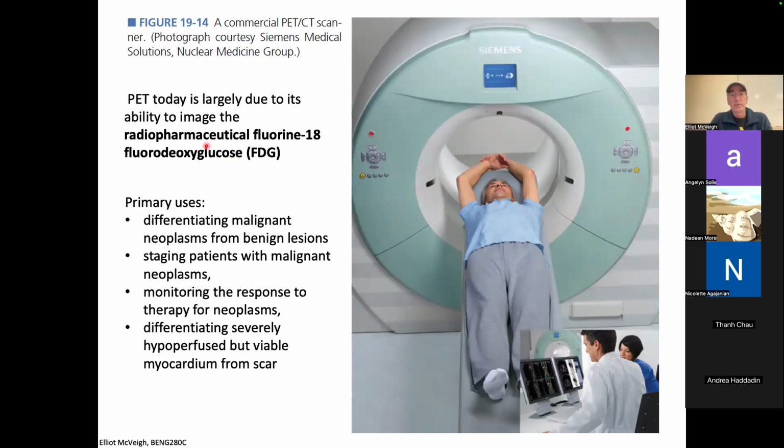The cool thing about PET is you can detect very small objects. You might not image the perfect shape of that ball of cells, but because of the brightness, you'll know they're there, right? And you can pick up a very small number of them because of the sensitivity of this technique.